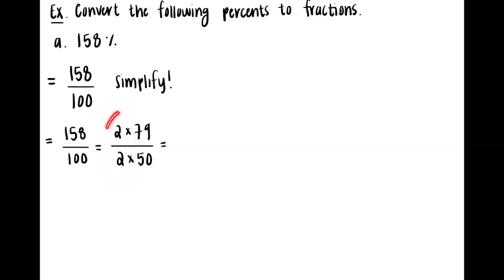They both have a 2 in common, and that's what we can simplify out and leave 79 over 50. 79 is a prime number, so this is as far as simplifying is going to go. So that is our final answer, 79 over 50. Remember, you have to simplify. If you do not simplify, I will mark down. So please make sure your multiplication is up to par.